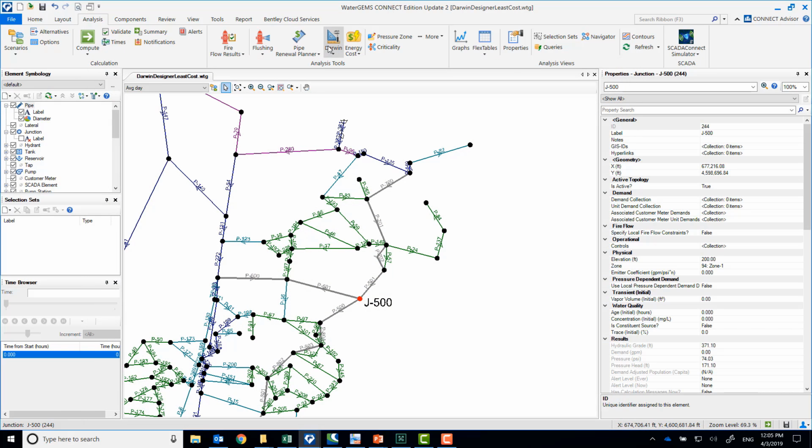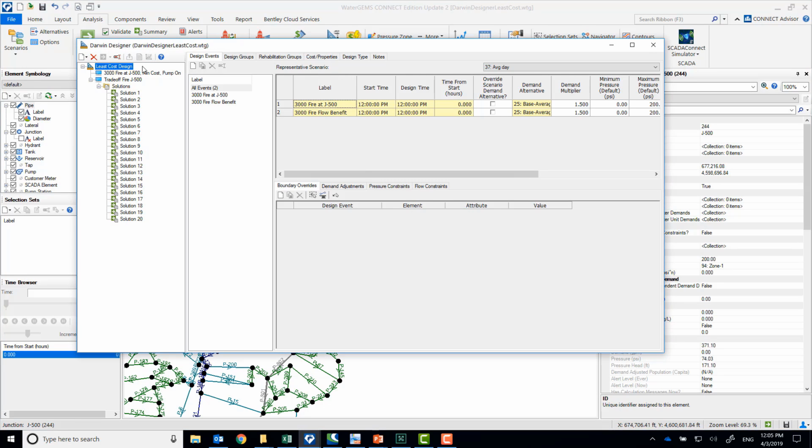So what we did is we went to Darwin Designer and we made a couple of changes. We said, okay, I want you to do a design for least cost. And what does that mean? That you have to figure out the least cost solution that meets the following criteria.